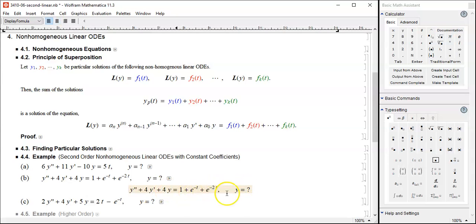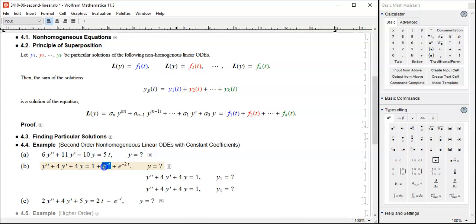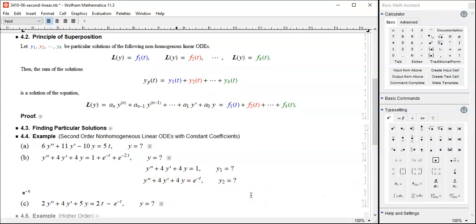So, get the first particular solution like this, and the second particular solution like this, and the third particular solution like this.